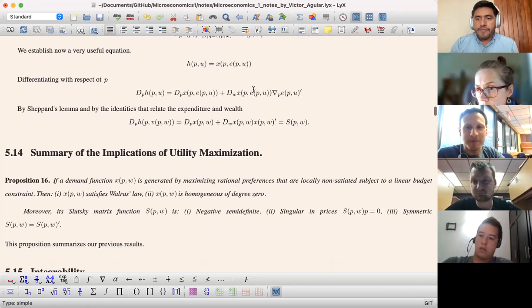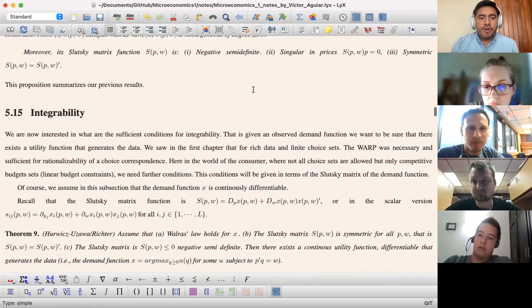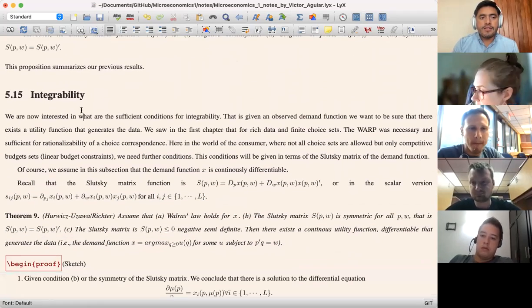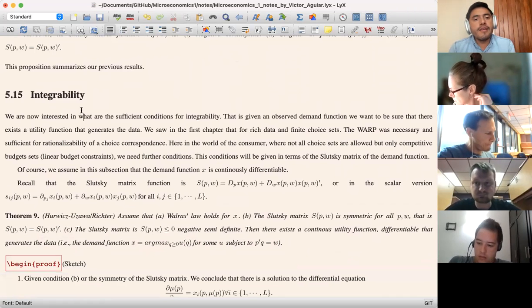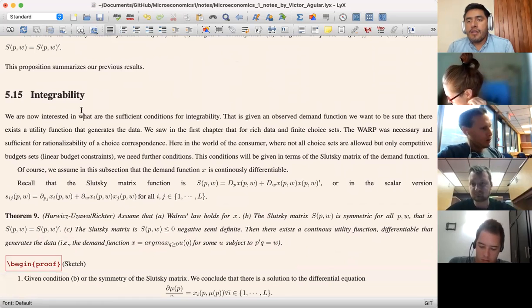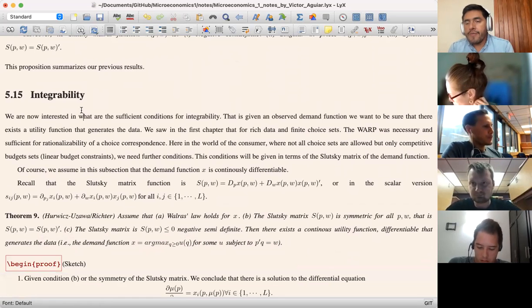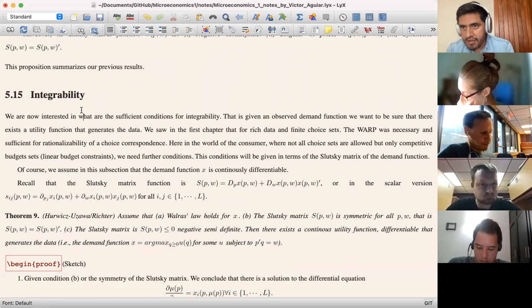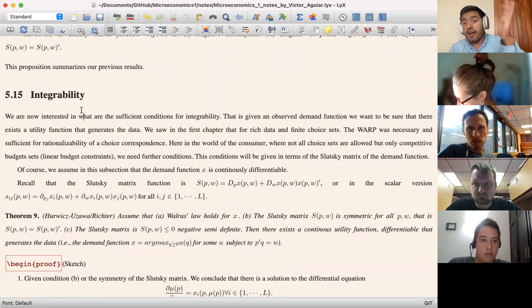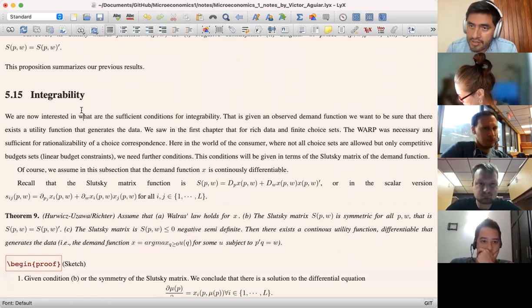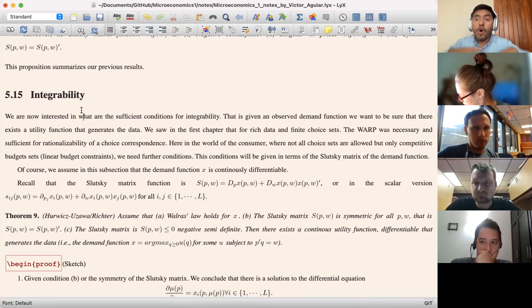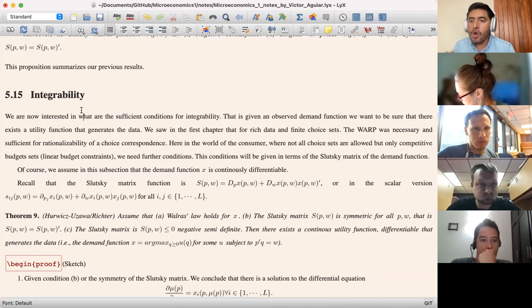One useful thing is this famous integrability. So what is integrability? We want to be sure that symmetry, negative semi-definiteness, and singularity in prices of the Slutsky matrix are not only necessary conditions with empirical implications, but are also all the relevant empirical implications. And how do I know it?